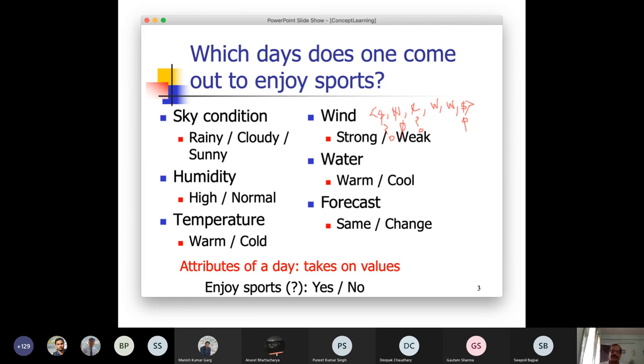Also, as I mentioned, these are the only forms of functions that you are able to represent. I cannot represent, for example, sky is cloudy or sky is rainy, and humidity is high. That is one clause, and that is not allowed. I cannot write S or R or C in the attribute value.